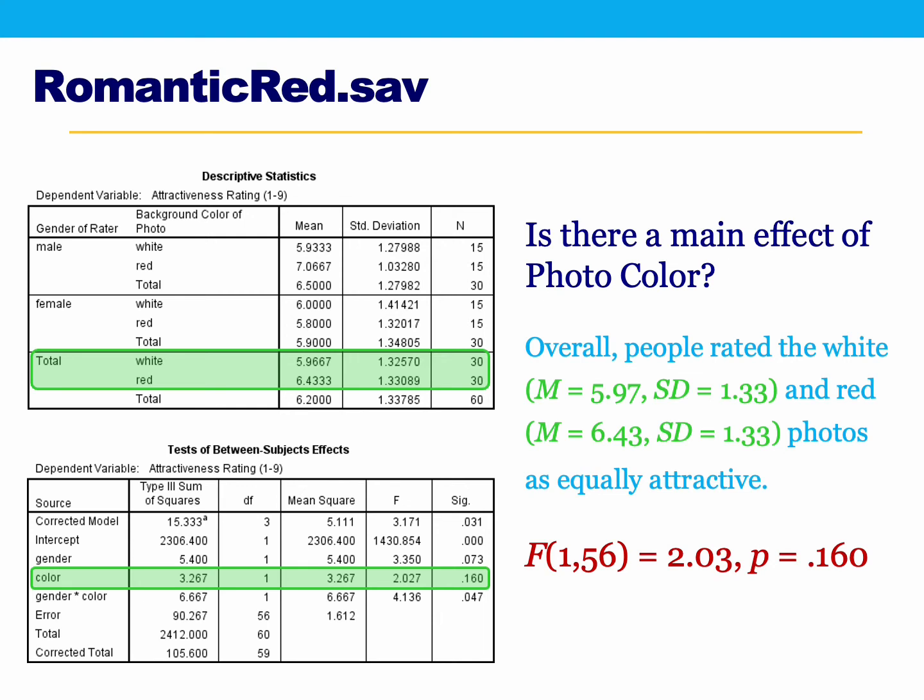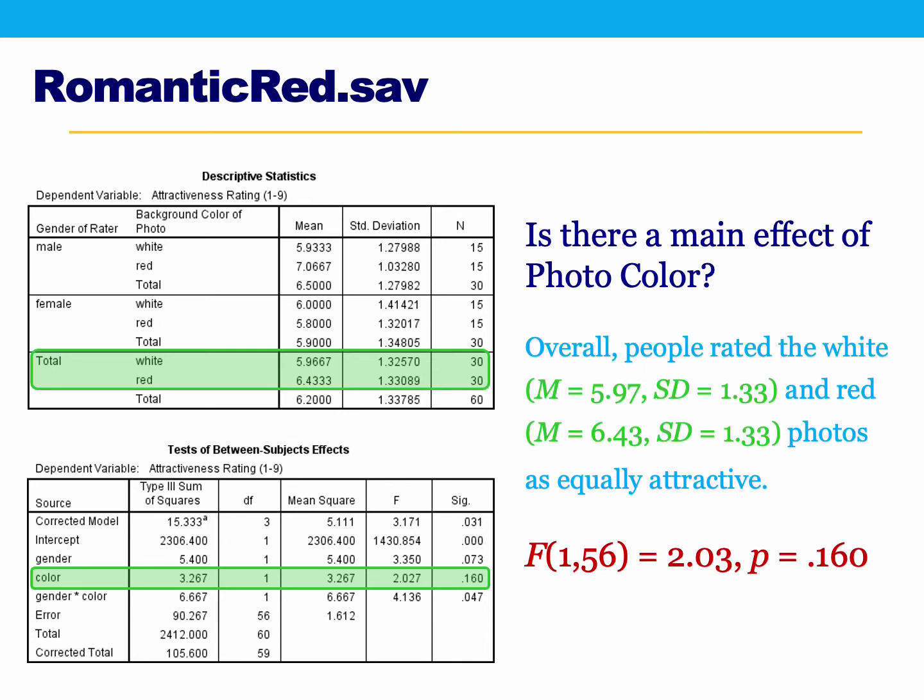Just eyeballing that, it seems pretty unlikely that there's an effect there, because those numbers are pretty close together. But if we want to check to see if that difference is significant, we're going to go to the tests of between subjects effects, and we're going to look at the color variable.